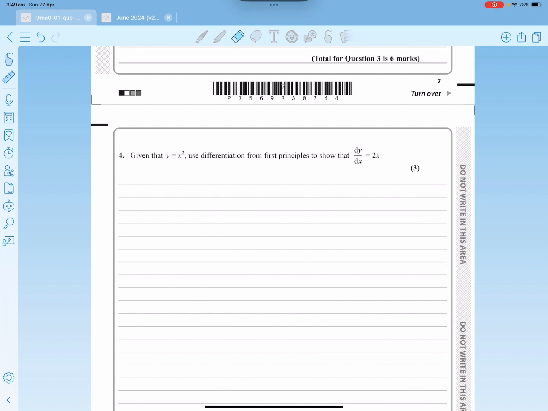use differentiation from first principles to show that dy over dx is equals to 2x. So the formula for this is that dy over dx is equals to the limit of h as it tends to 0 of f of x plus h minus f of x over h.